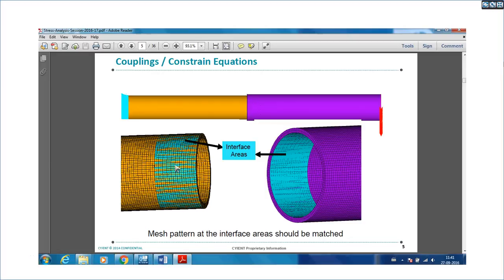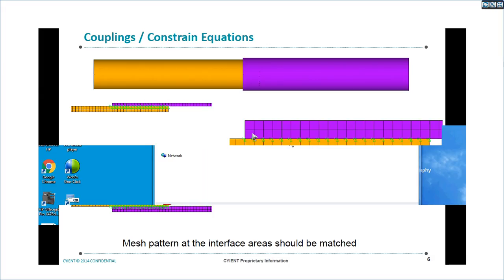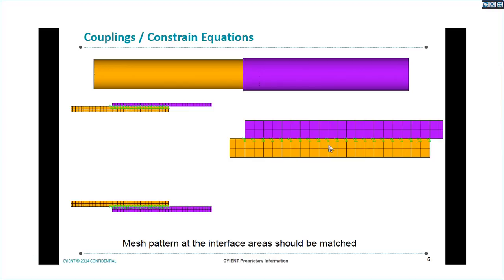We should have a proper mesh pattern at the interface areas, and we can put couplings. We have put couplings here. All the green points are couplings. So we put couplings here with proper mesh pattern.